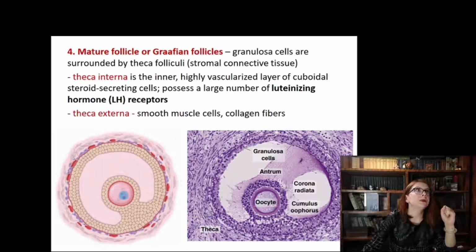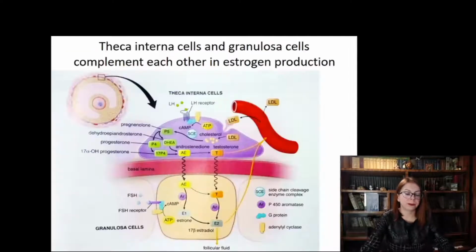Now what we have to discuss in detail is the interplay and interaction between the theca interna cells and granulosa cells, and their interaction in estrogen synthesis.